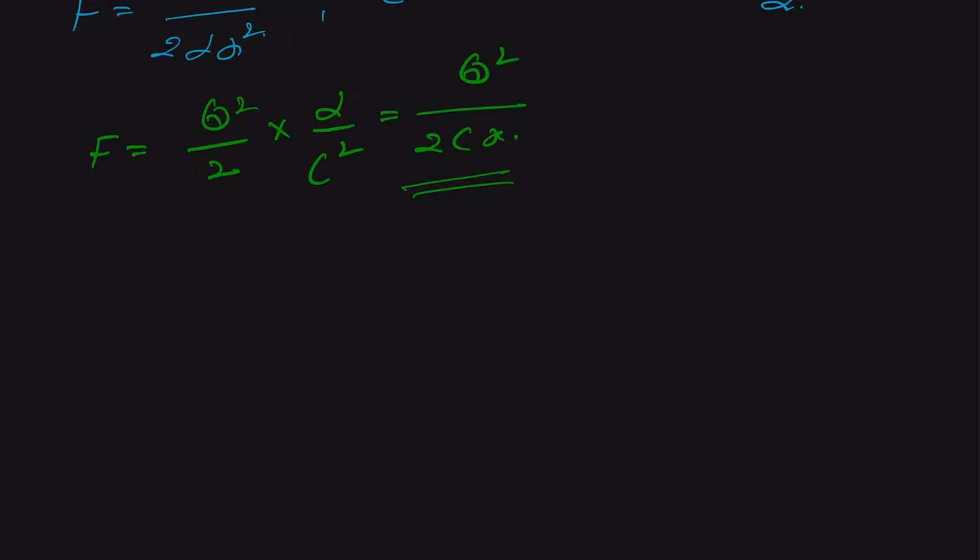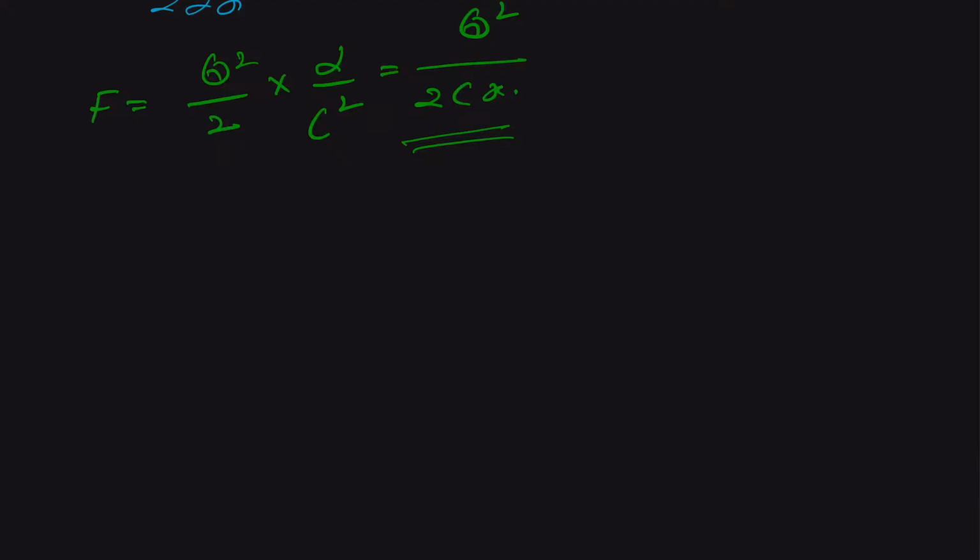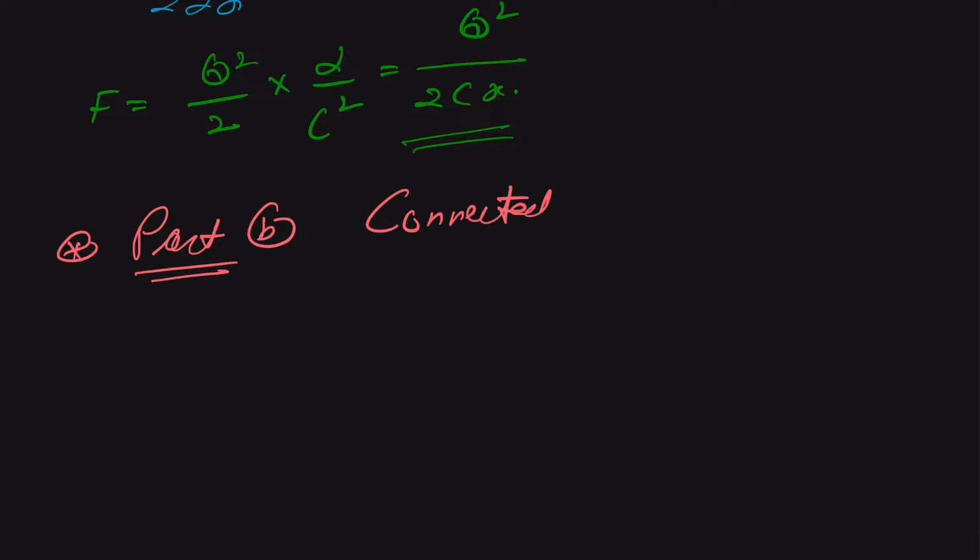Now we come to our part B, and in part B the battery has been connected. So obviously potential will be constant.